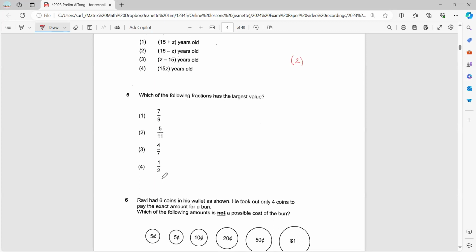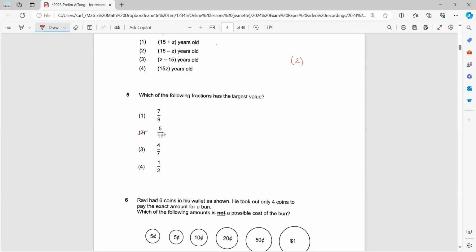Eliminate those that are less than half. 7 over 9 is more than half, because halfway point is about 4.5, so 7 is more than that. 5 over 11, it's less than half because half of 11 is 5.5. So we're going to eliminate that.